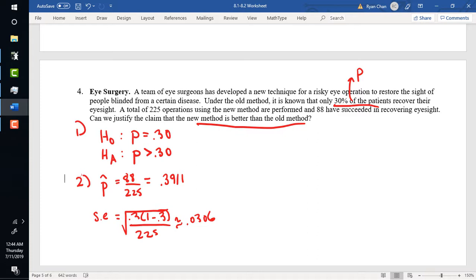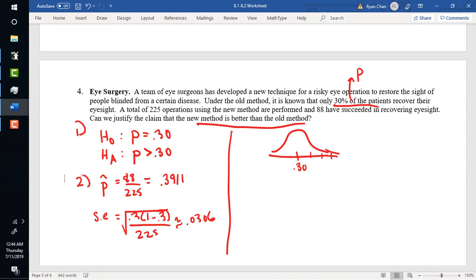Okay, so let's talk about what's happening here. If I graph this, in the center is 0.3. My sample, remember, is where it's shading towards. So my sample is 0.3911, or my P hat. And I'm going up by 0.0306.